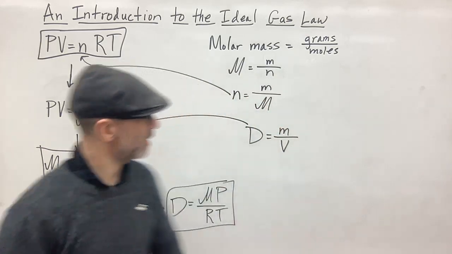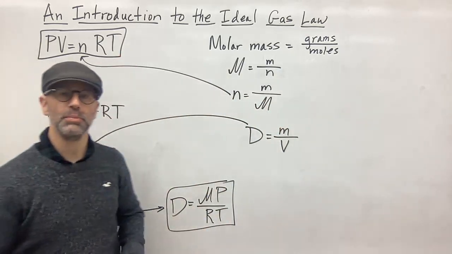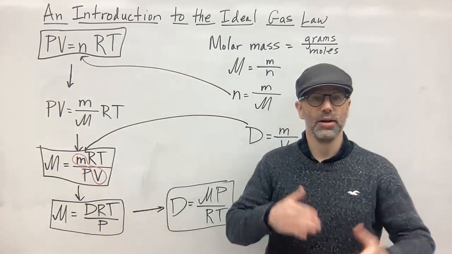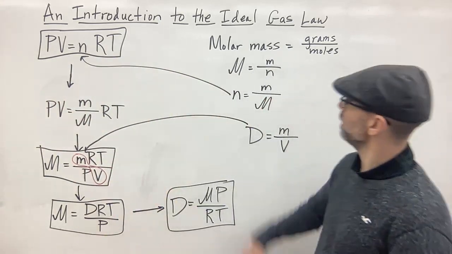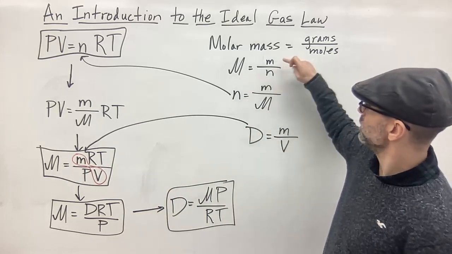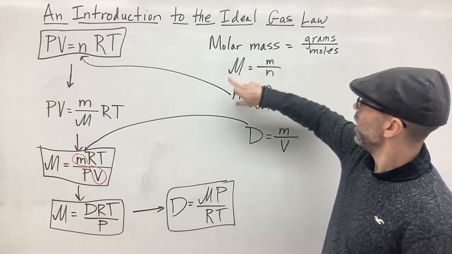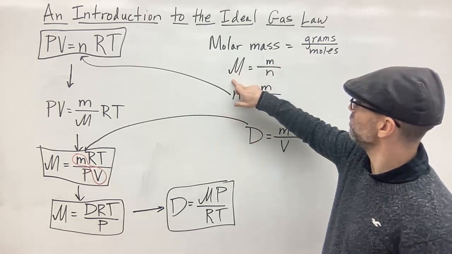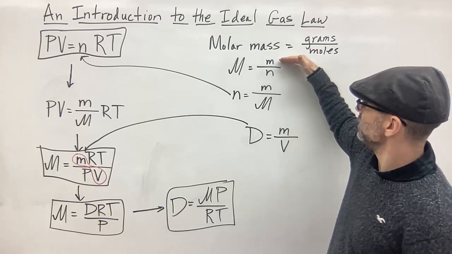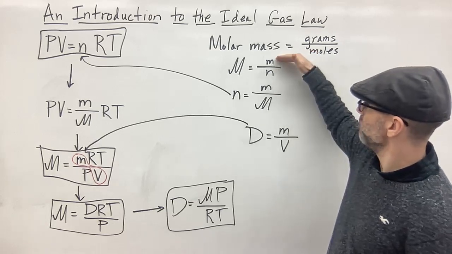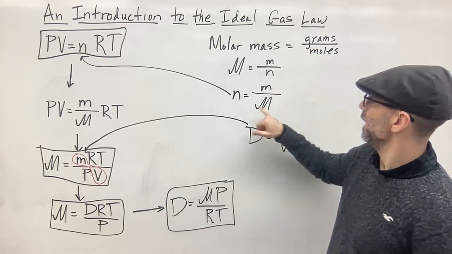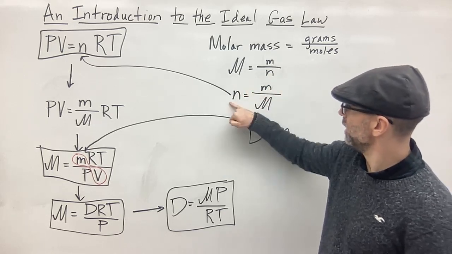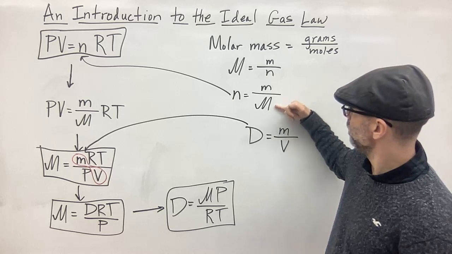So again, you have a few equations that you could simply memorize, or if you can remember how to convert from one to the other, just remember that molar mass, not molarity, is the mass in grams over the number of moles, and then you just rearrange it into n equals m over the molar mass.